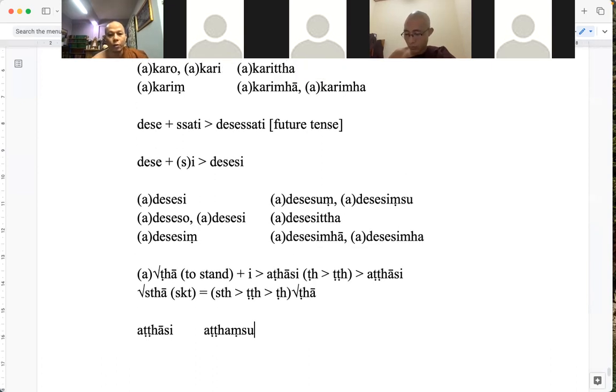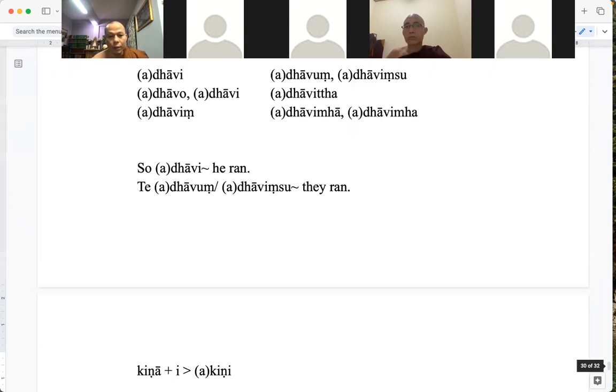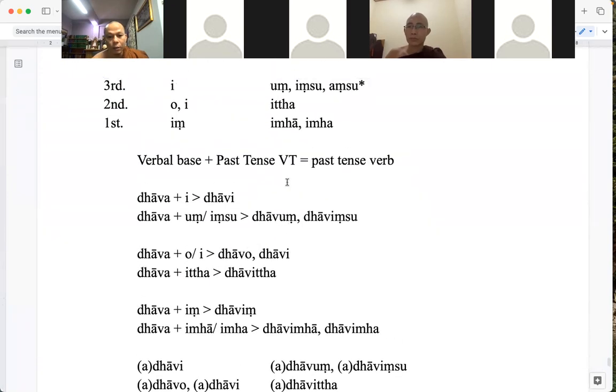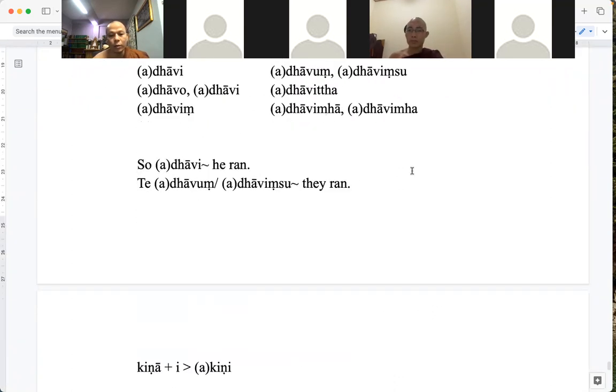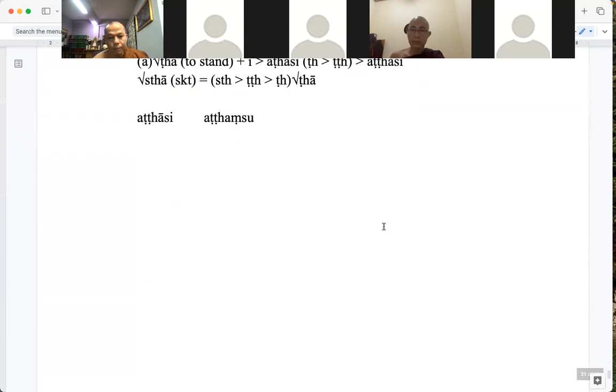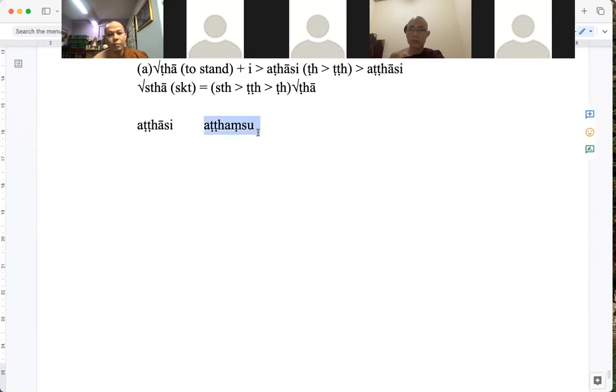We don't use o, we don't use aimsu, only amsu for the special one. This is an irregular form, right? So here there is three-vowel termination for the third person singular and third person plural. So that is why we have the attempts.